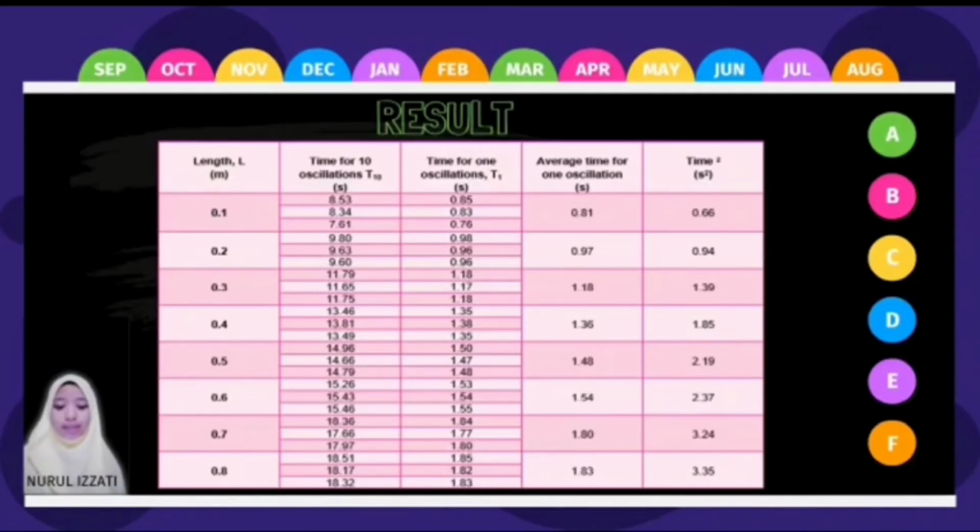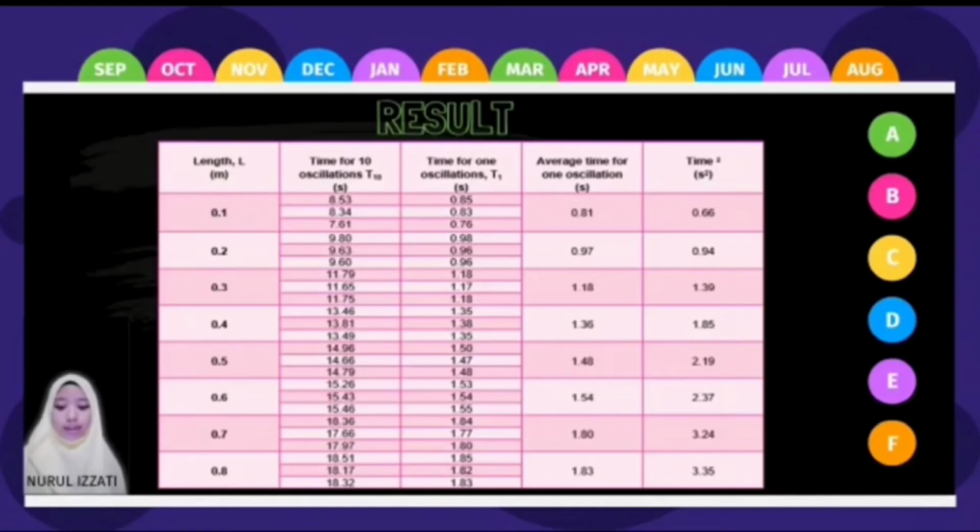For 0.3 meter, the average time for 1 oscillation is 1.18 seconds, and time squared is 1.39. For 0.4 meter, the average time is 1.36 seconds. Time squared is 1.85 seconds squared.